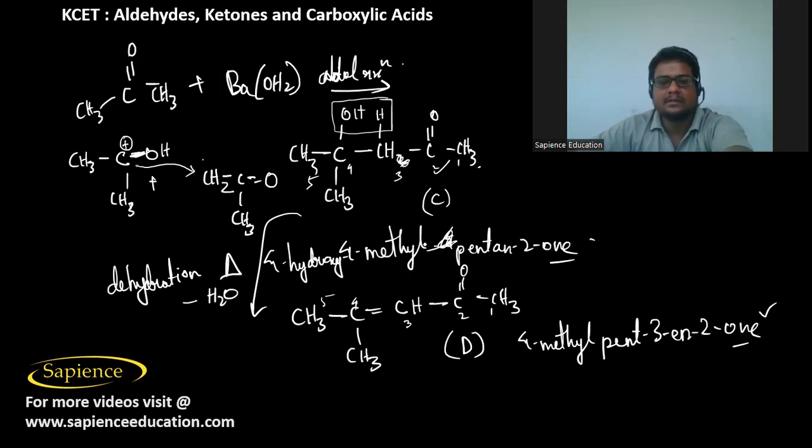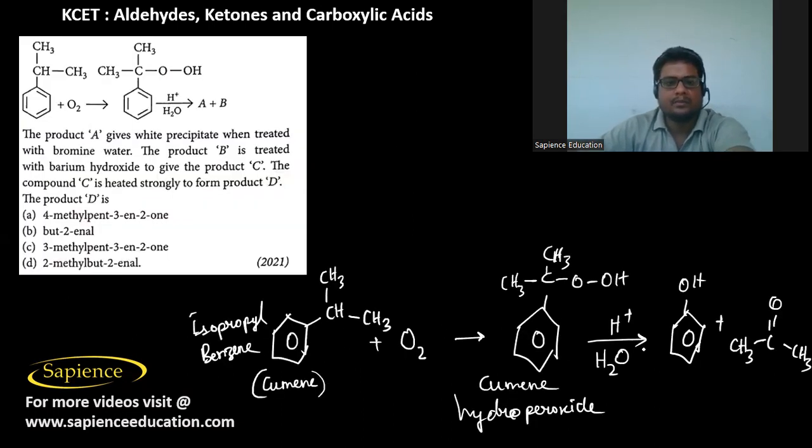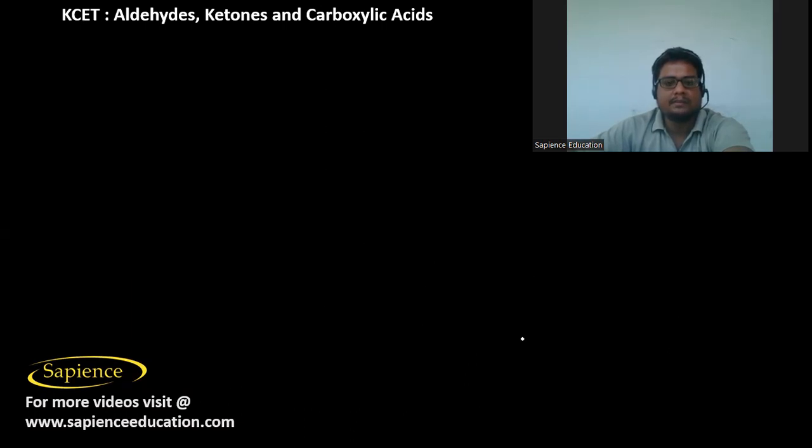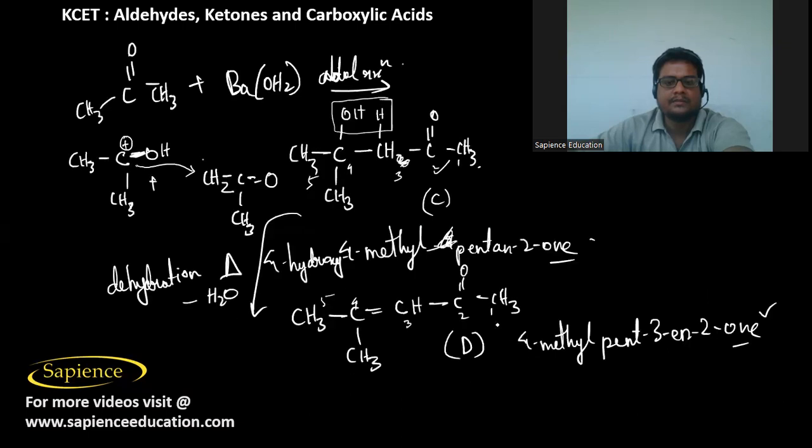And so here the product B is the acetone, and the product A is phenol. So now phenol, as we know, it reacts with bromine water to give a white precipitate.